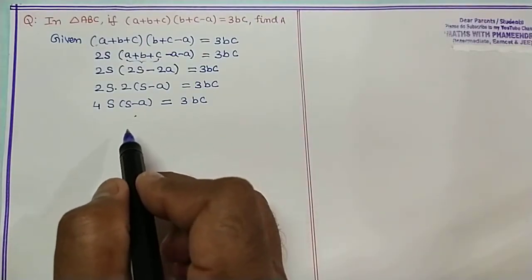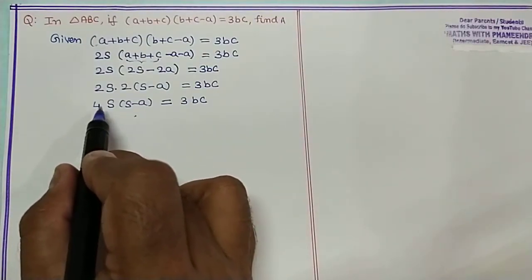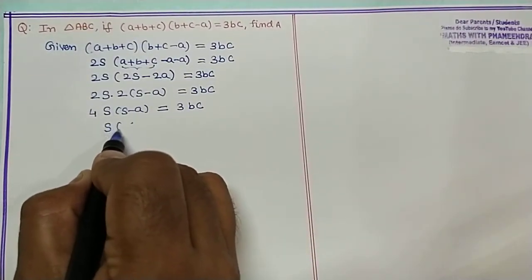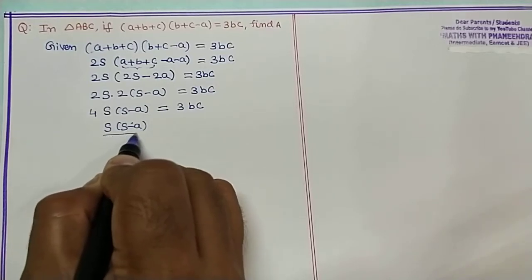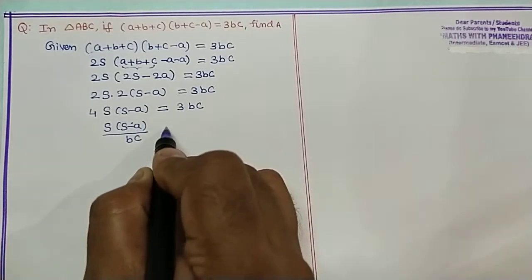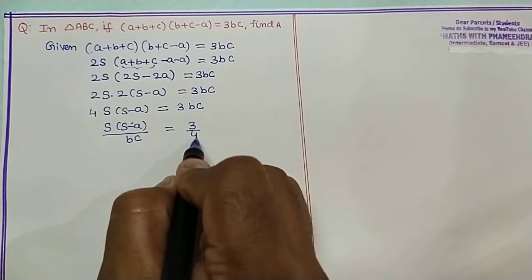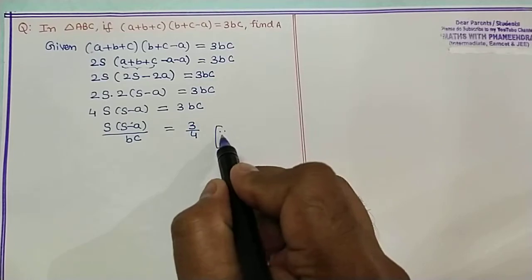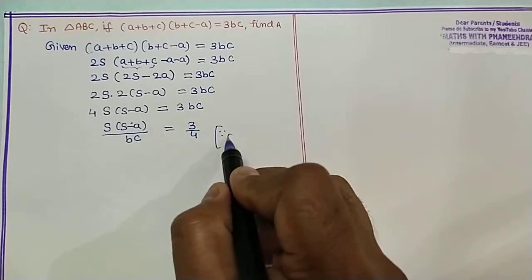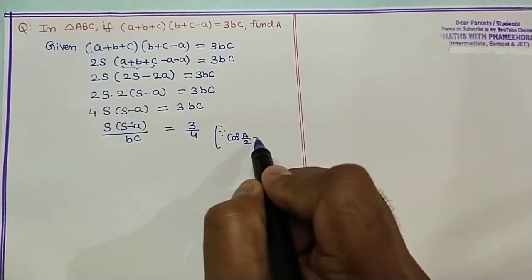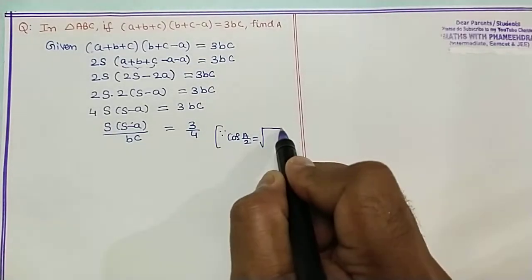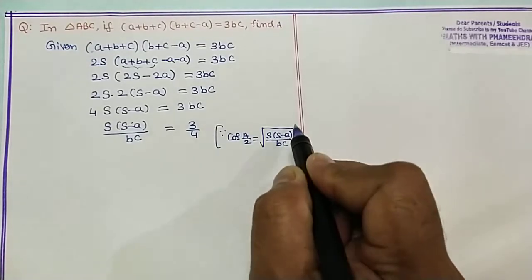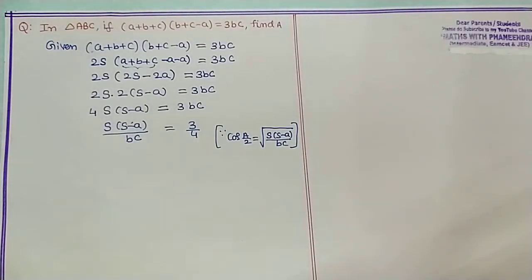BC I am taking to the denominator on the left side, and 4 I am taking to the denominator on the right side. So we get S into S minus A divided by BC, which is equal to 3 by 4. We know that cos A by 2 equals, as discussed in previous sessions, square root of S into S minus A divided by BC. Is it right? This is the formula for cos A by 2.